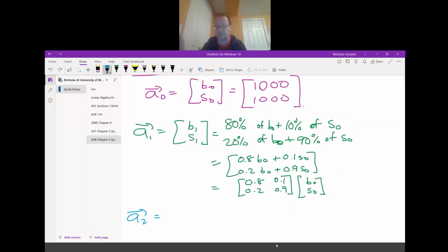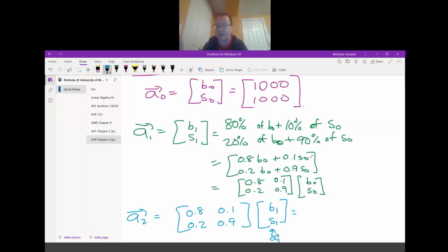In terms of ideas, if that didn't seem too bad for ideas, then it's not going to get bad. Yeah, instead of doing B0 and S0, we're doing B1 and S1. Otherwise, it stays exactly the same. 0.8, 0.1, 0.2, 0.9, but instead of B0 and S0, that's B1 and S1. In other words, it's times A1.